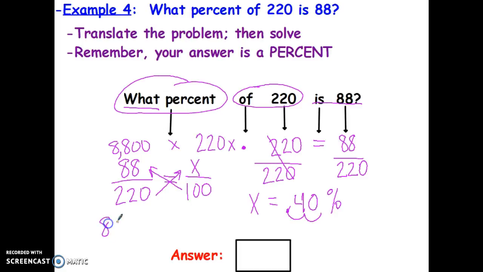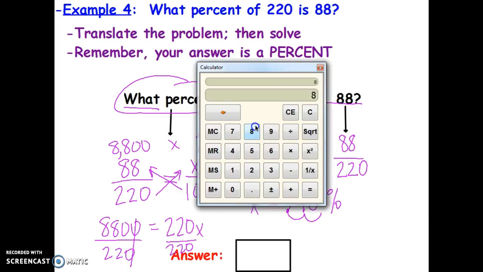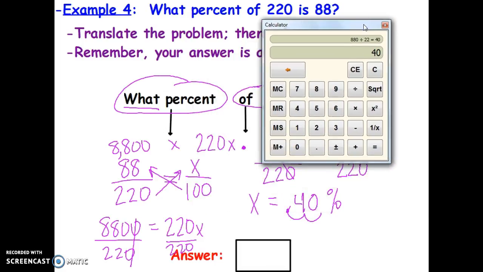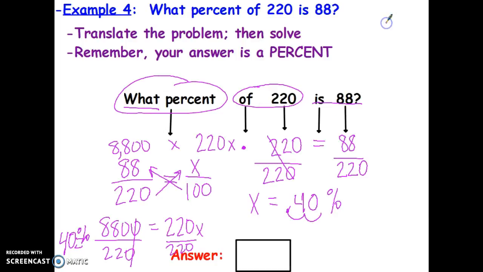When I set these equal to each other, 8,800 is equal to 220x. I divide by 220. When we divide, remember we can cancel out those zeros. So 880 divided by 22 is equal to 40. So again, with our proportion, it equals 40. Our proportion gives us our percent. We don't have to change anything there. So right here we have learned how to translate into an equation using "of" and "is," or how to set up proportions to find percent of a number.